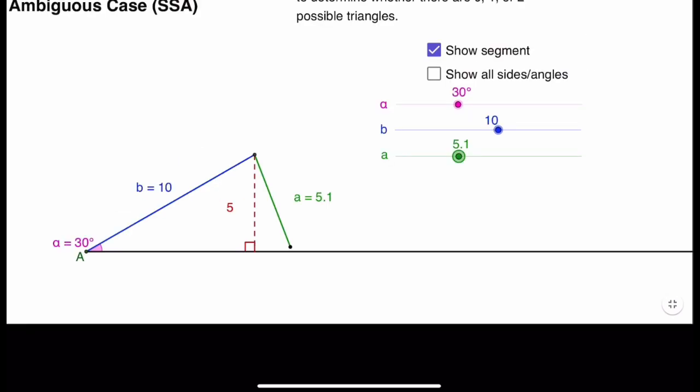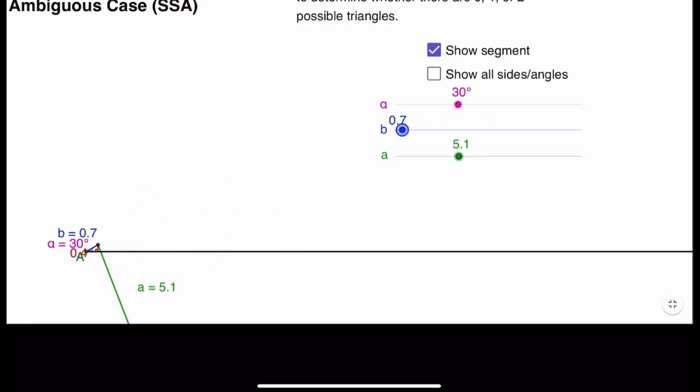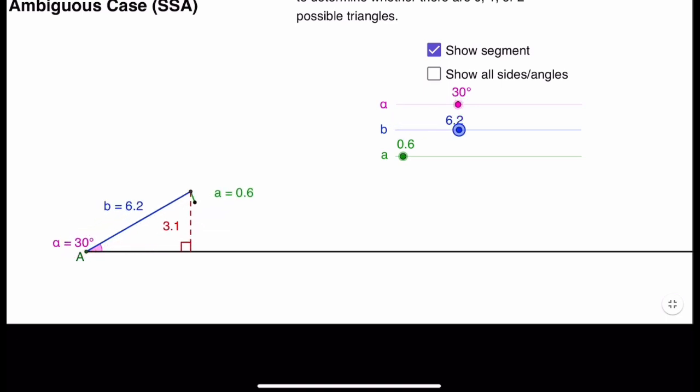To better understand the ambiguous cases in a triangle, let us start with one angle of 30 degrees. Angle A is 30 degrees and b is 10.